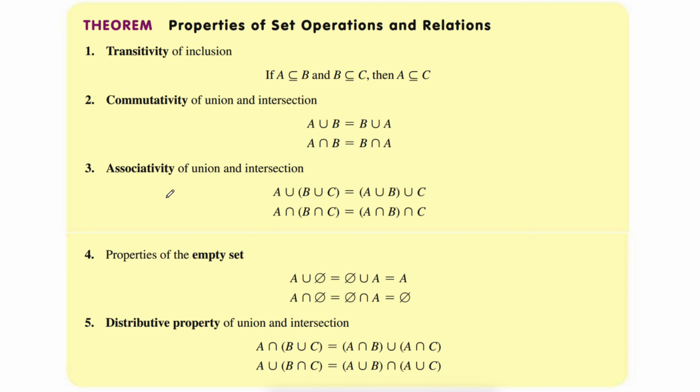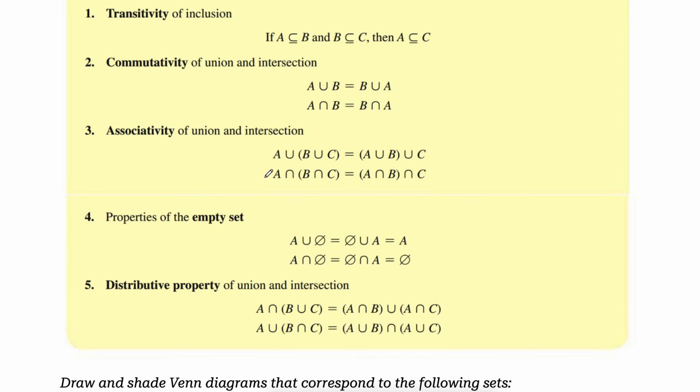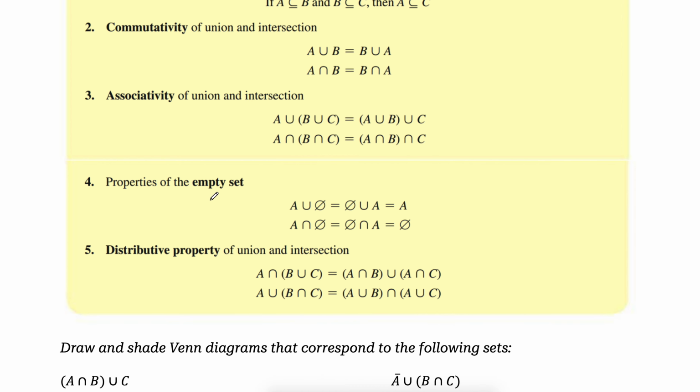The associative property also carries through. The associative property is what lets us move parentheses around. So if we have all unions or all intersections, we can move our parentheses, and that's just going to indicate what part of this problem we're doing first. The empty set, that's the idea of adding 0, so it's not going to change anything.